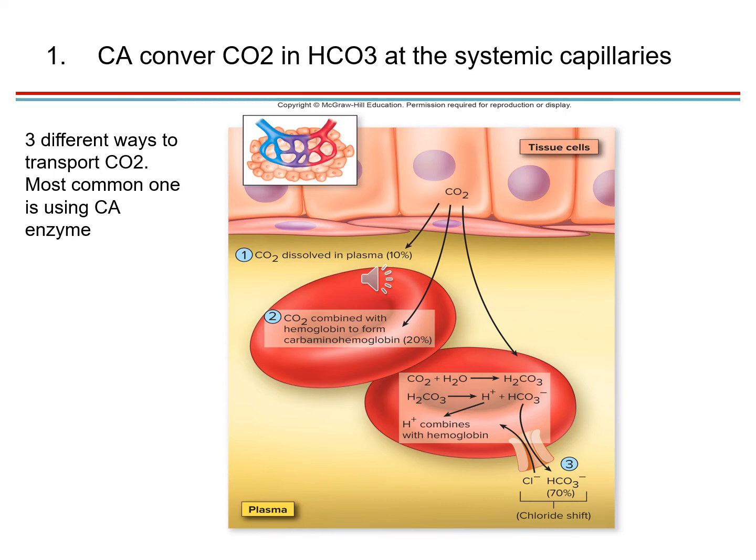And this reaction, the one that takes place in the erythrocyte, is the one represented in the slide before, where the two substrates used at the systemic circuit are carbon dioxide and water, which the carbonic anhydrase converts into carbonic acid. However, that carbonic acid rapidly splits into two different molecules. One is hydrogen and the other one is bicarbonate.